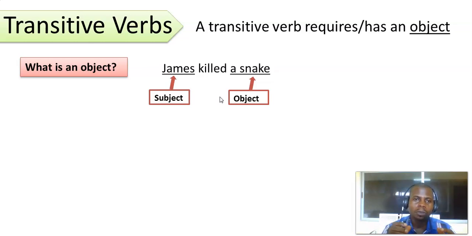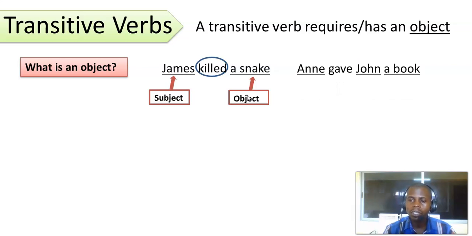So we regard an object as the receiver of the action that is performed in a sentence, or the recipient of the action. What's the action in this sentence? That's killed. So James is the subject who is regarded as the doer of the action, the verb is the action, and the receiver of the action is a snake.